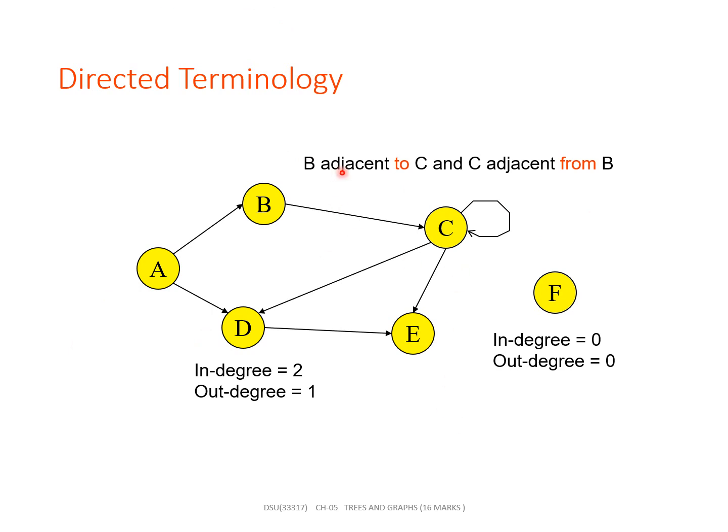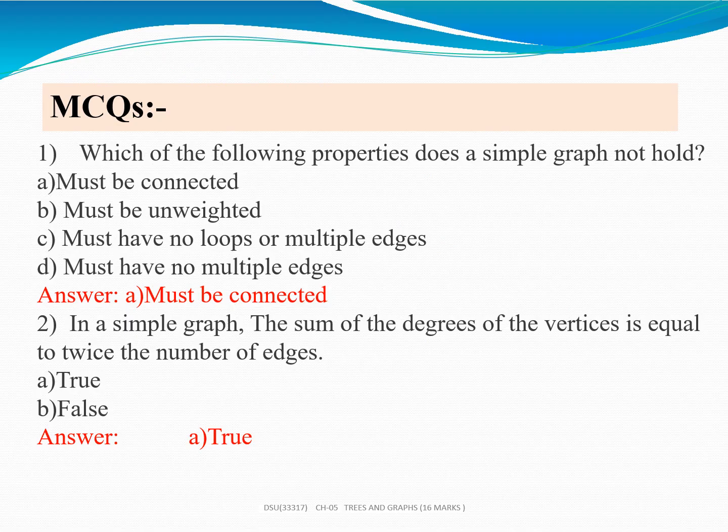B is adjacent to C and C is adjacent from B. And the in-degree of F is 0 and the out-degree of F is 0 because there is no edge for this vertex. So these are some terminologies of a graph.